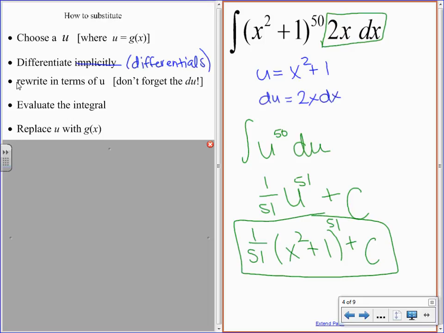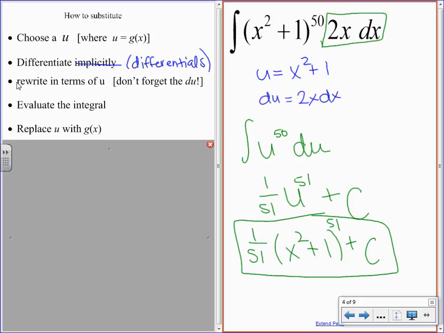Now, I agree with you that there could be a time where you could look at this and say, oh, well, if u is x squared plus 1, I know du is 2x dx, and I see that we have it. Some of this, yes, you'll have the vision to see what's going to happen. But do you think it's quite convenient that I had 2x dx right there?